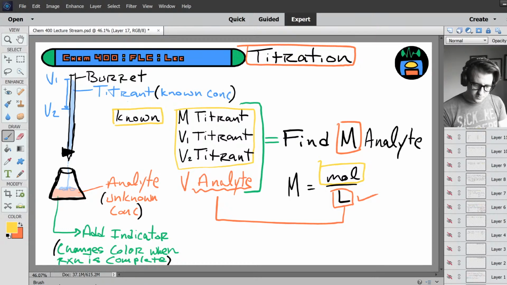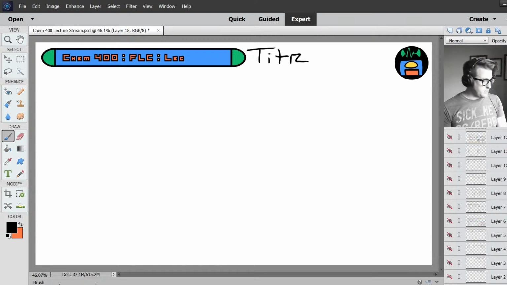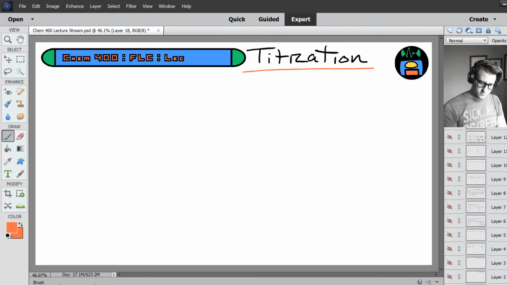All right, let's do a titration problem. So here's how it will be laid out for you, or how it could be.